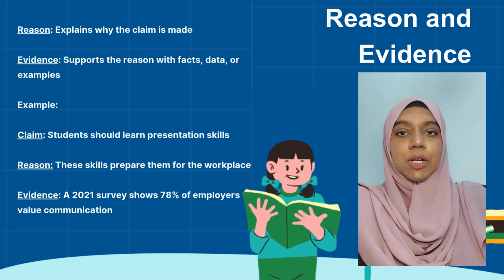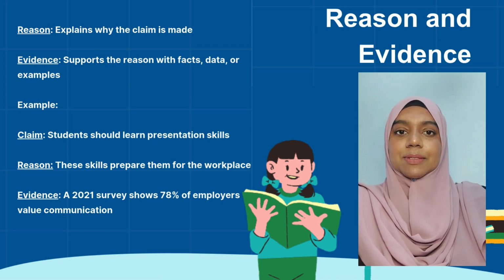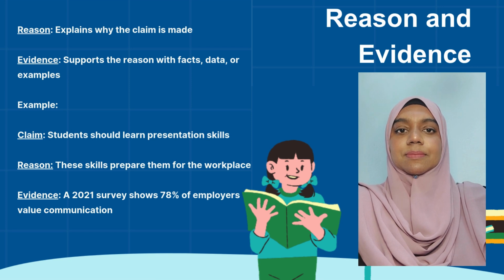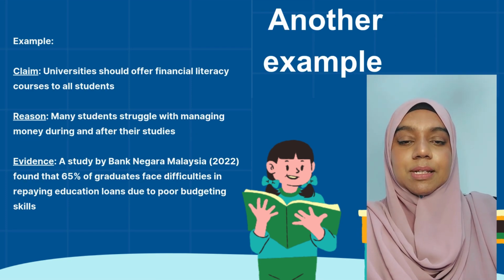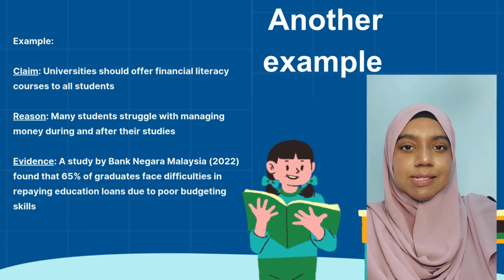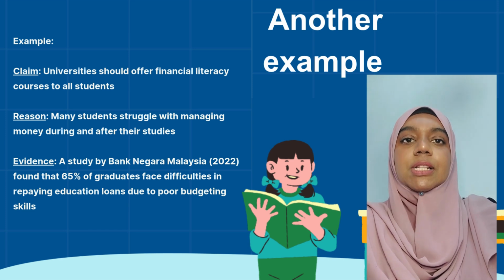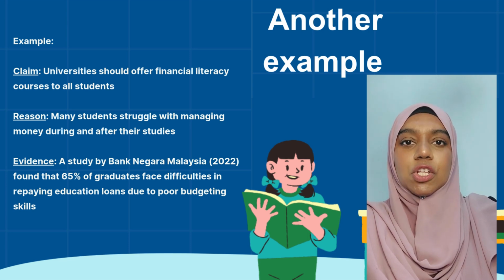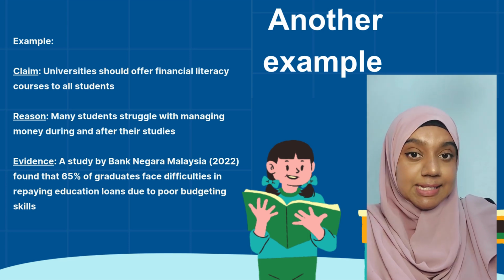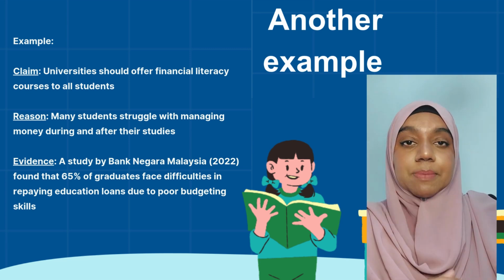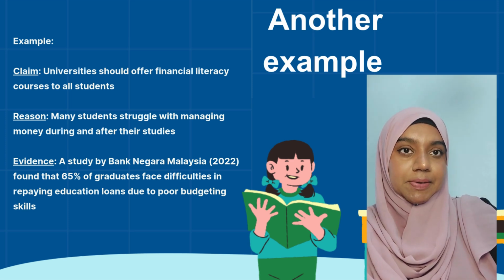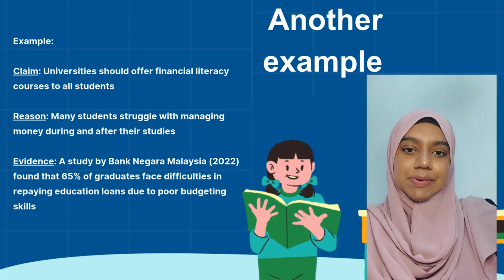Now, take a look at another example. In this second example, the claim is universities should offer financial literacy courses to all students. This is a claim because this statement is debatable. Some might agree, some might disagree.